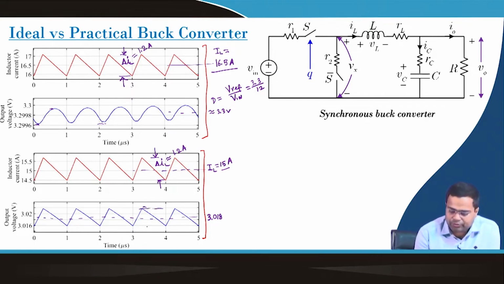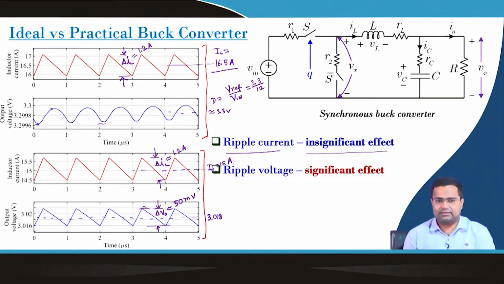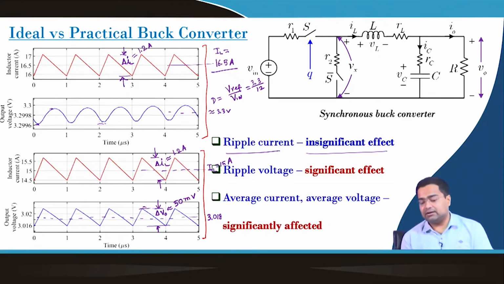This is my ripple output voltage, and it is around 50 millivolt, whereas earlier it was around 0.4 millivolt. So adding parasitics has an insignificant effect on ripple current, but a significant effect on ripple voltage, which suddenly increased. The average current and average voltage both got affected significantly.